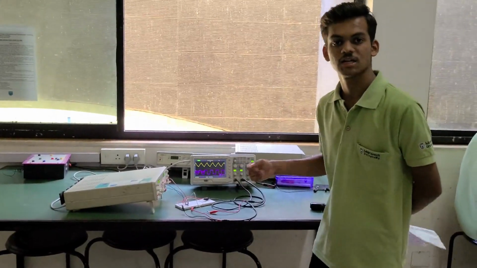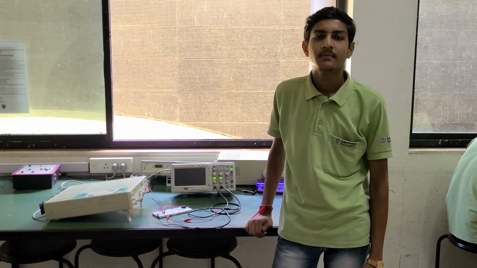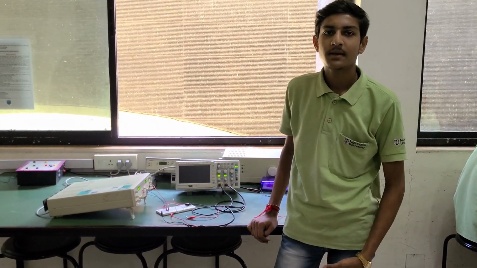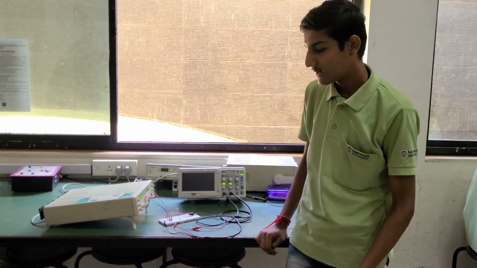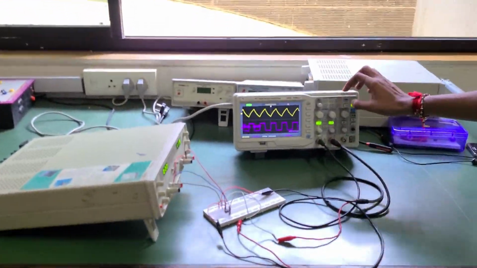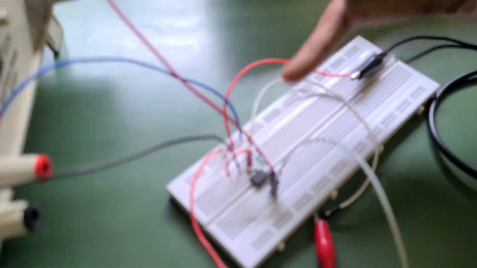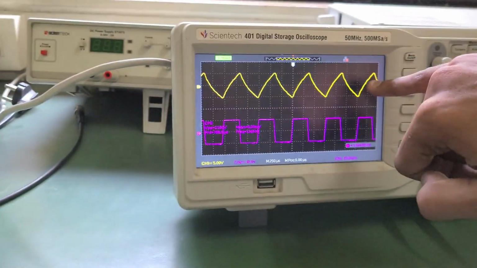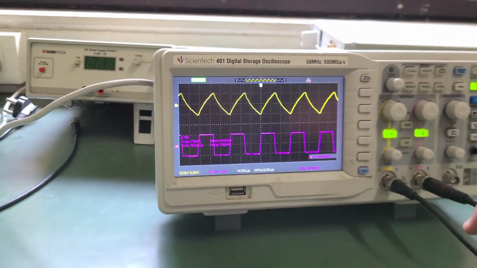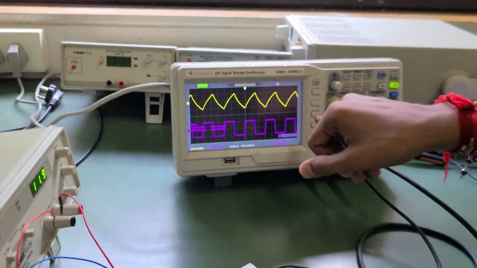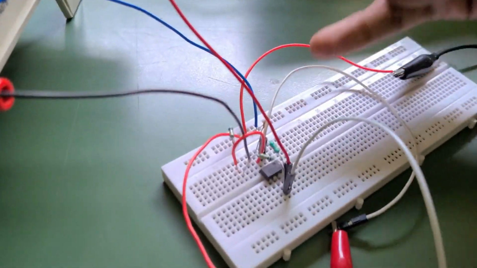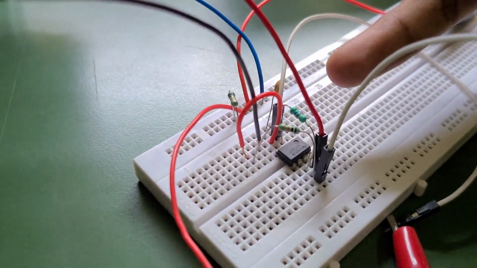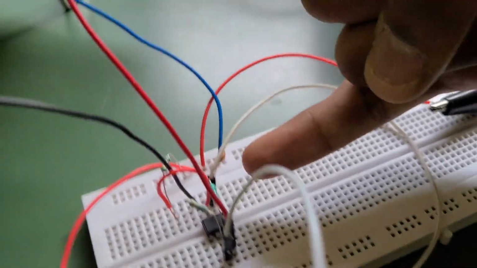Now my friend Tejas will explain the waveform generator. And now I will explain the waveform generated by the op-amp IC. We can see that our sine wave input waveform is captured by DSO channel 1, which is connected at input terminal pin 2.